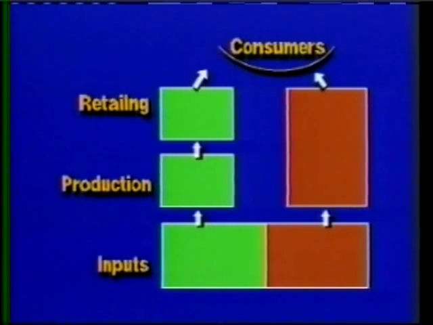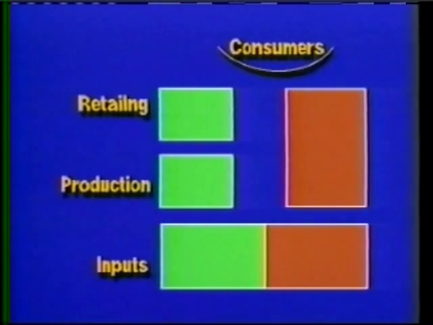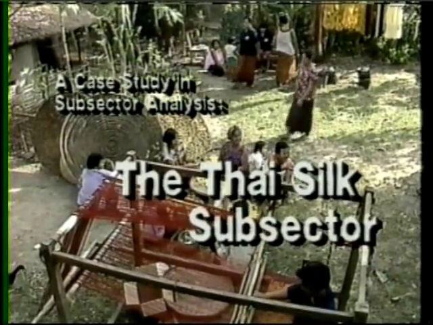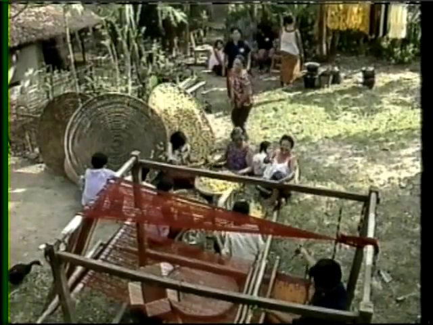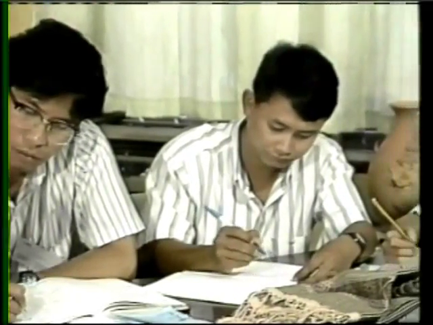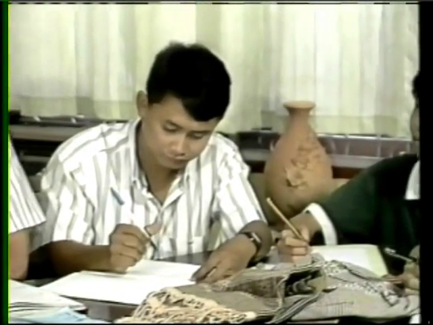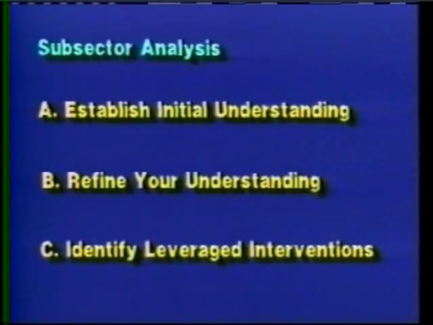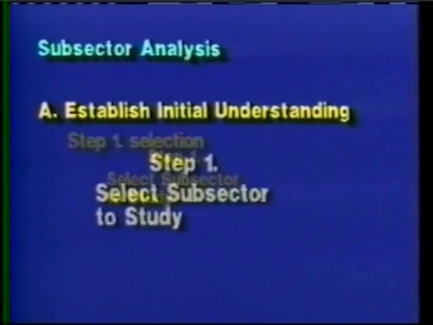To see subsector analysis in action, consider an example from the Thai silk subsector. Now we will follow a team from CARE Thailand as they investigate the Thai silk subsector. You and the team will work through the three major phases of analysis, step by step.